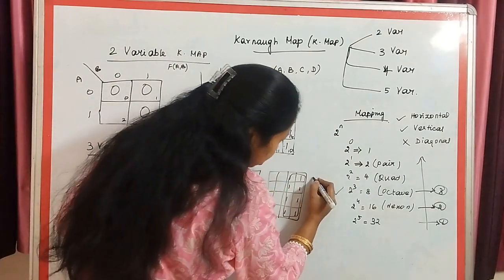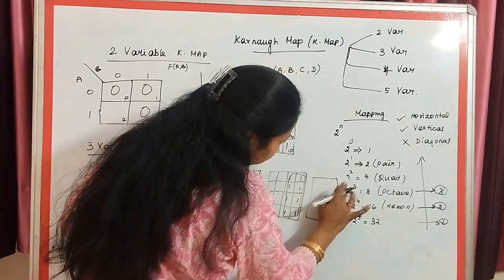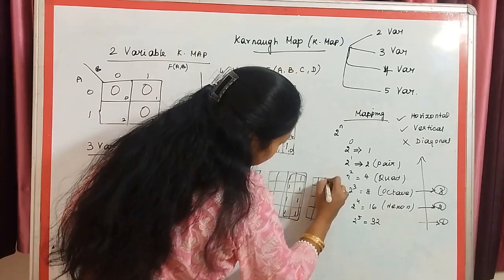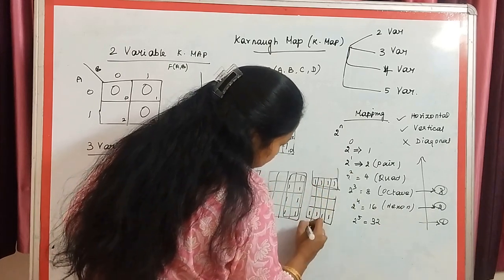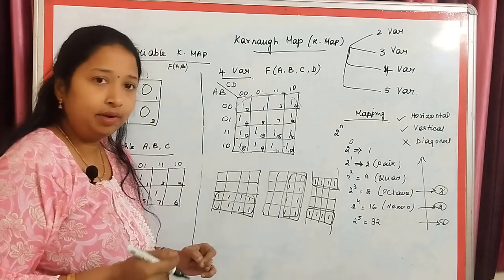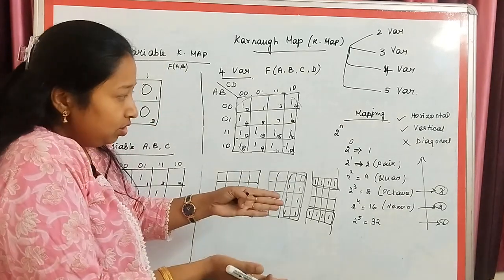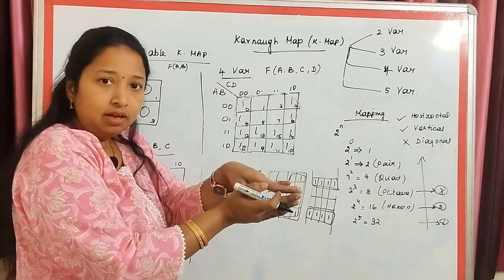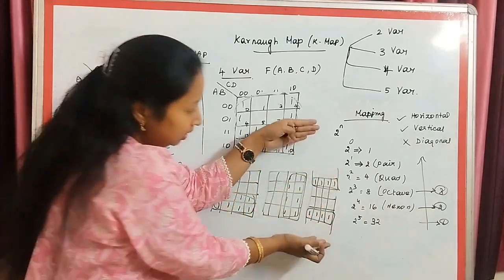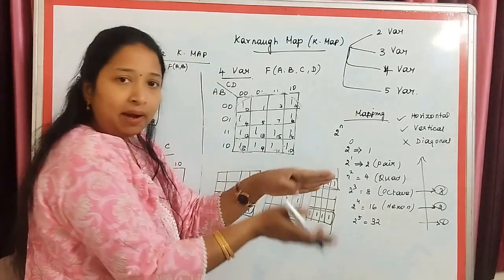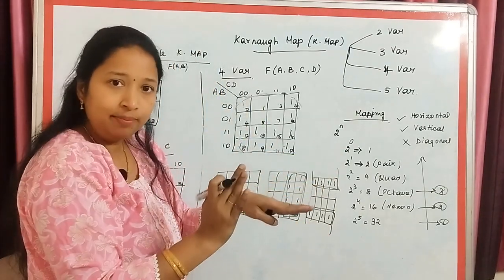The other combination is you can group this as well. This is again called an octave. This is something like when you are folding, consider this as a single sheet of paper. Fine. When you fold it, this lower and the upper part will come together. So that again can become an octave.